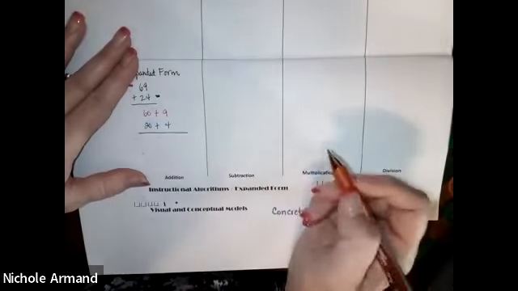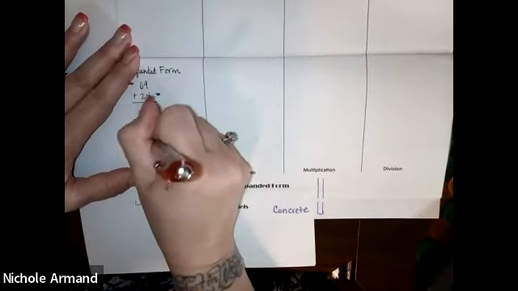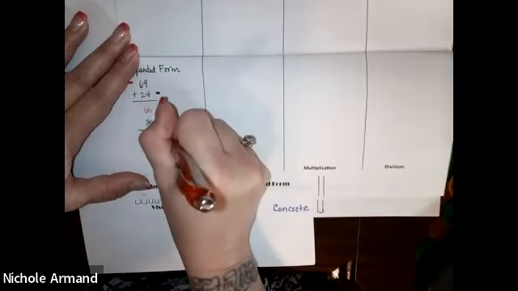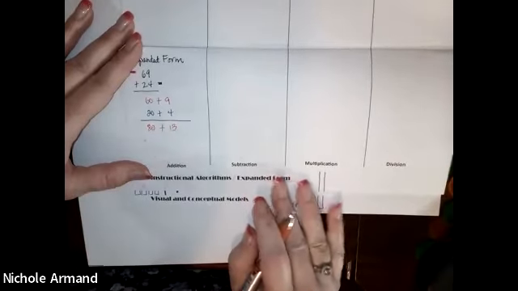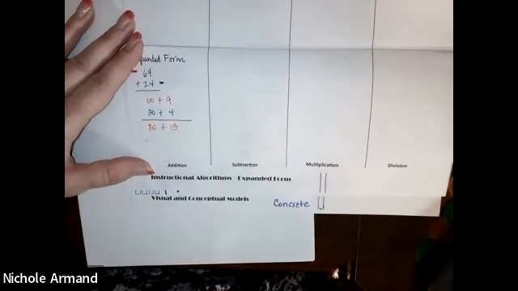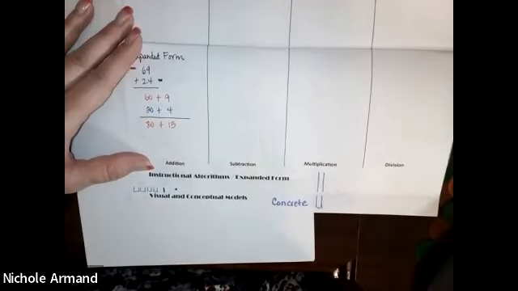We get 60 plus 20 is 80, and 9 plus 4 is 13. Now, depending on the level of your student, they might just be able to go, oh, this is 93. Got it, duh, right? But you don't have to leave it that way.